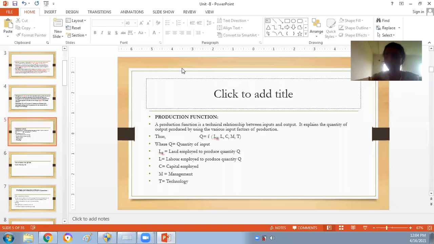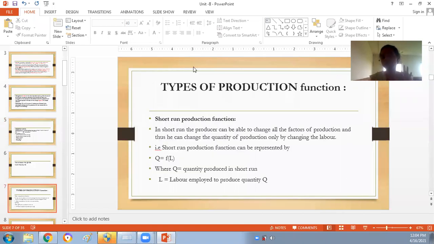For example, can you change the technology by tomorrow itself? That might not be possible. Changing certain input factors might not be possible every time, and here we have the concept of types of production function.